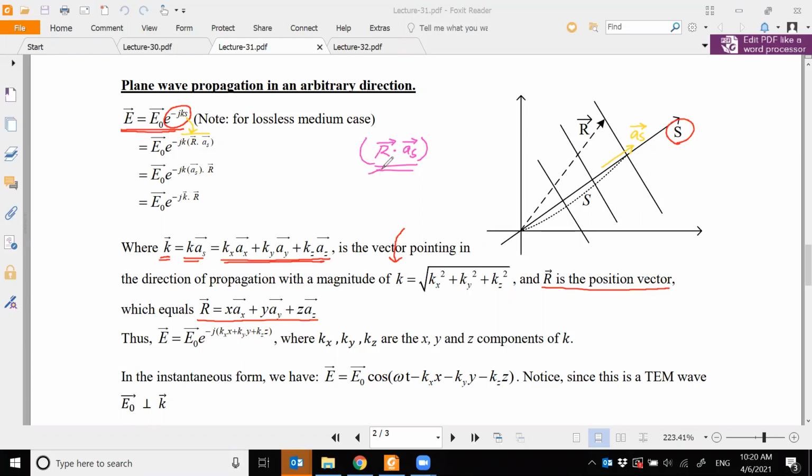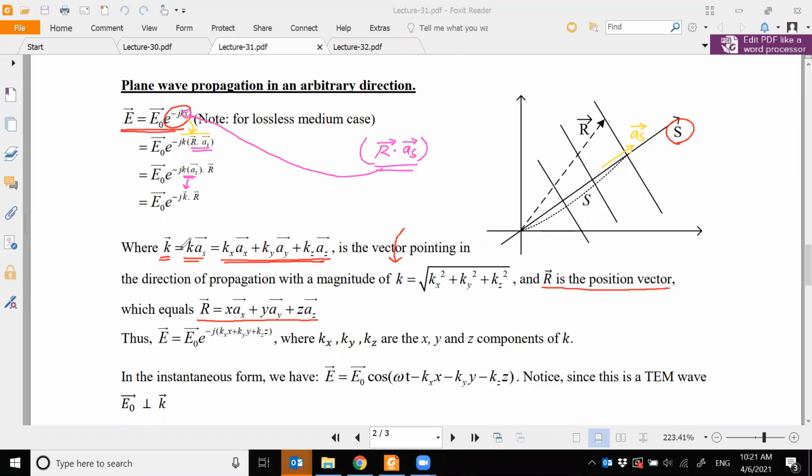And this is nothing but this s that I'm replacing with this one. Now if I rearrange this, it is e power minus j k, because in a dot product I can interchange them, so I'm writing k times a s bar dot r bar. And this k times a s bar is nothing but my k bar, which I have defined here. And what is my a s bar? It is nothing but the unit vector along the direction of s.